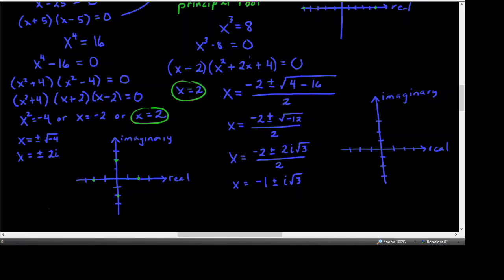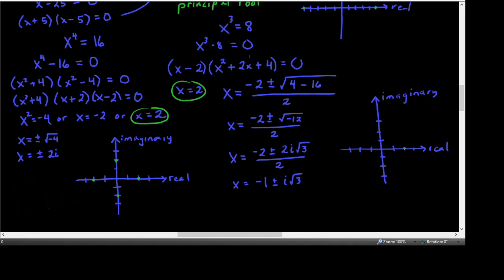Okay, so let's plot these answers. The principal root is 2. Then the next one is negative 1 plus i square root of 3. Negative 1 is the real part, so I'm going to go left 1. And square root of 3 is the imaginary coefficient.